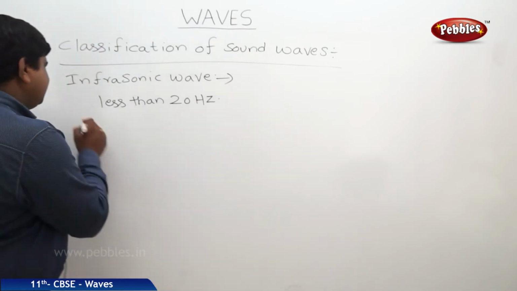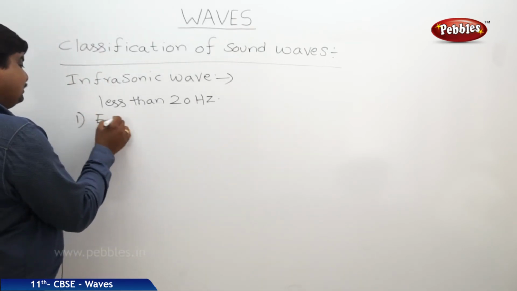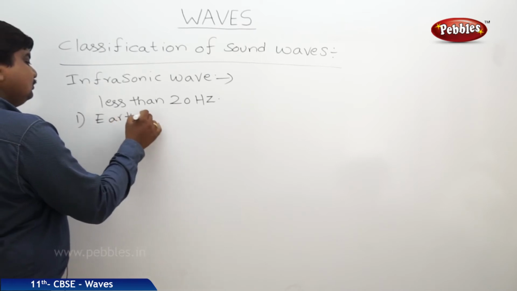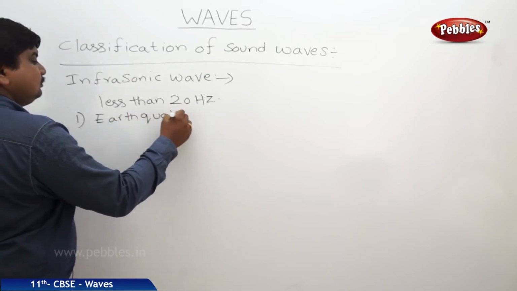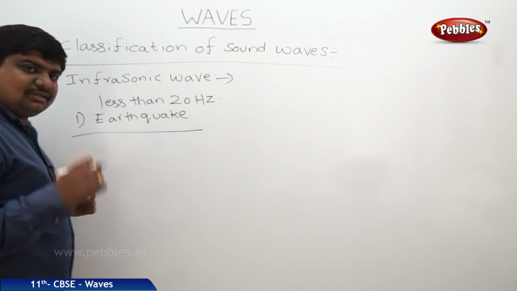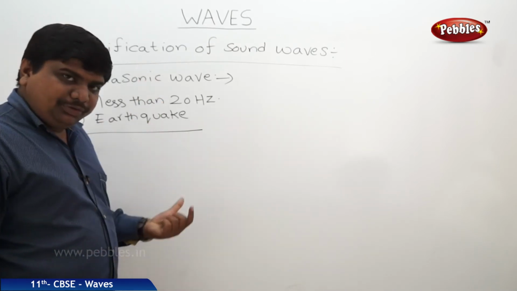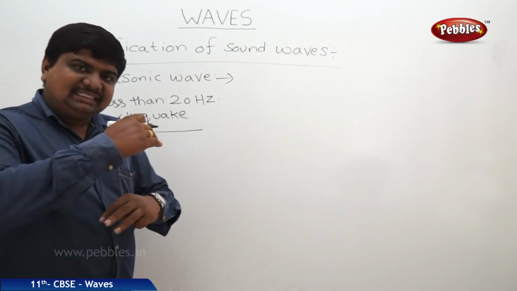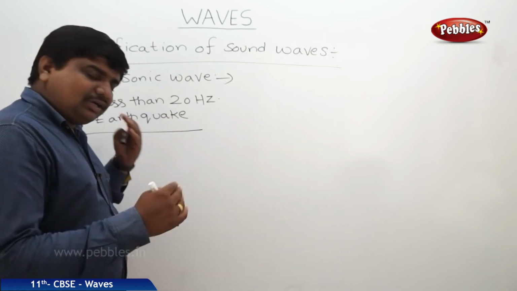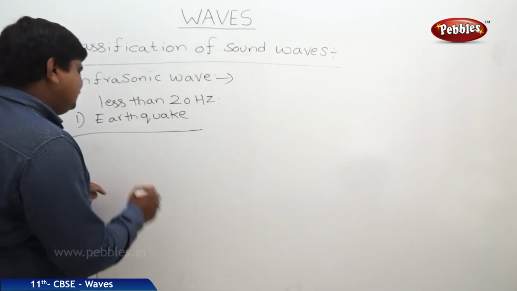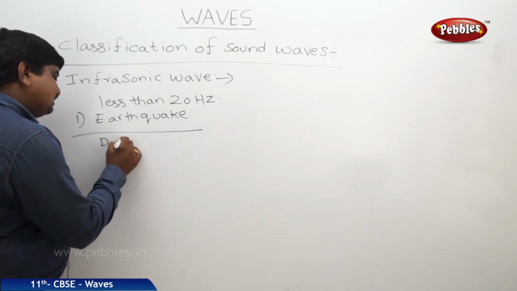What are the examples? Earthquake. Earthquake is the best example of the infrasonic wave. The waves produced due to the movement of the plates of the earth are not audible to the human ear, but animals like dogs can hear them.